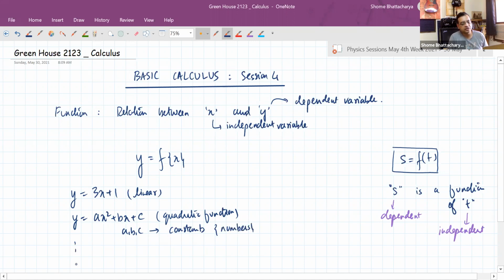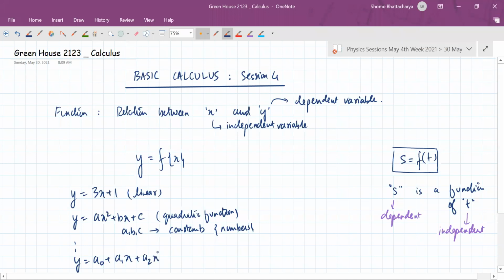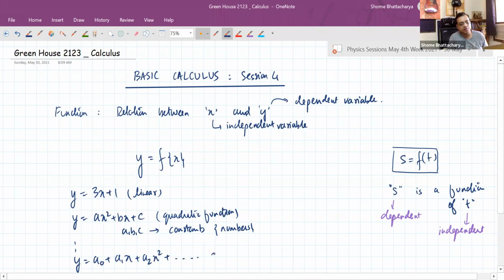In general, if we have this kind of an expression up to any power, let's say, this is called a general polynomial function.